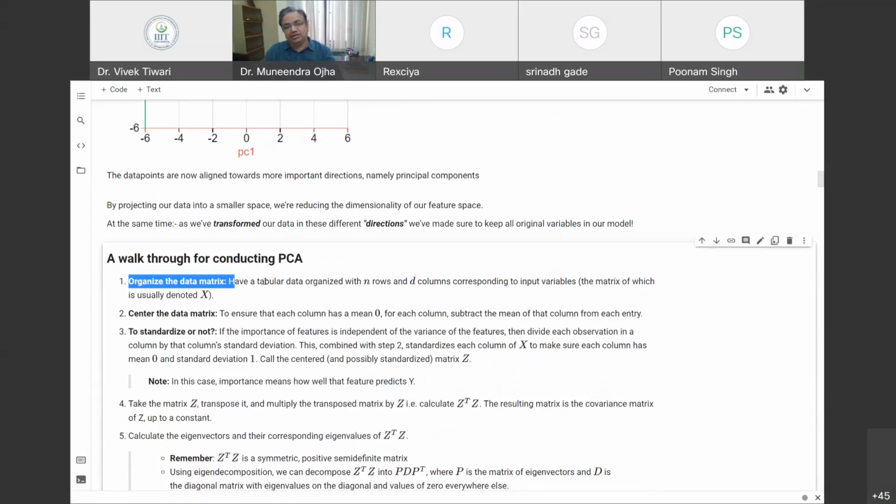When we organize the data matrix, we need to have a tabular data. That is the precondition. Again, this precondition comes for the SVD, it comes for PCA.